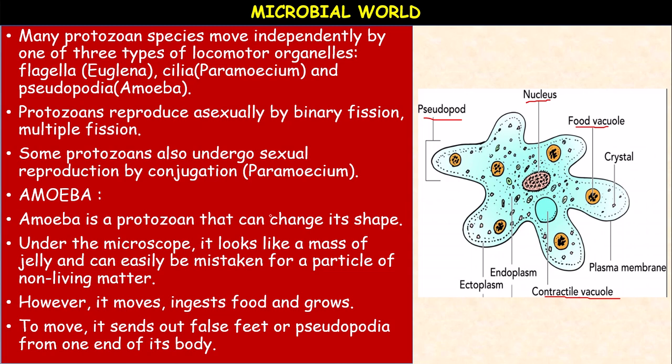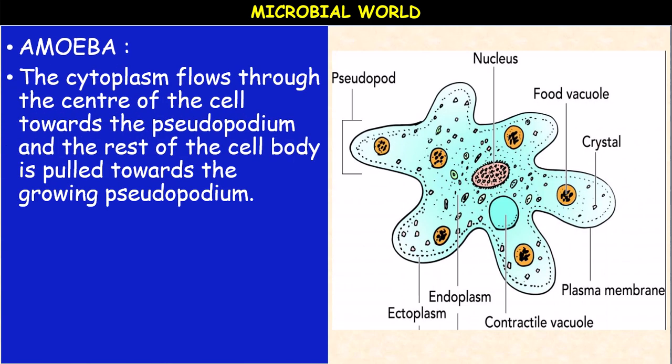Pseudo means false, podia means feet. From one end of its body, it extends this pseudopodia. It is a locomotory organ, and the cytoplasm flows through the center of the cell towards the pseudopodium, and the rest of the cell body is pulled towards the growing pseudopodium.